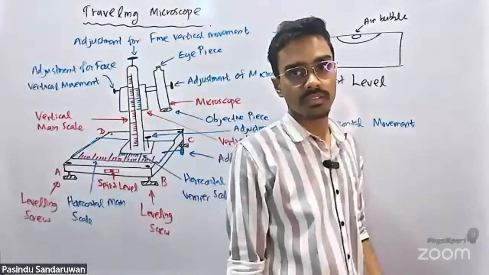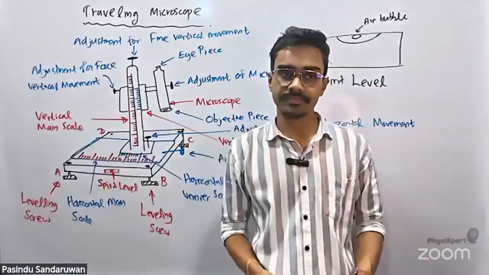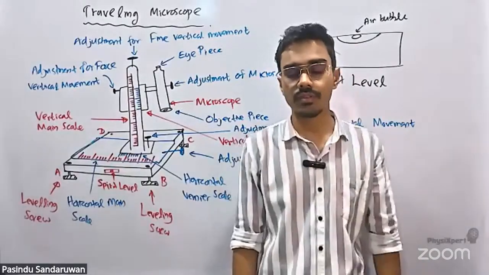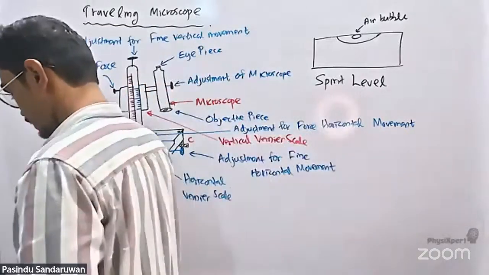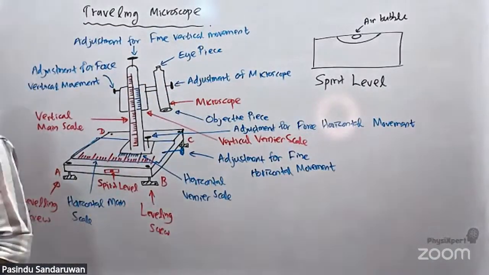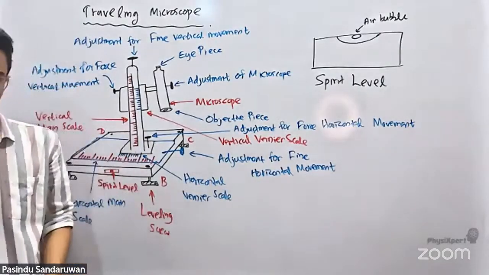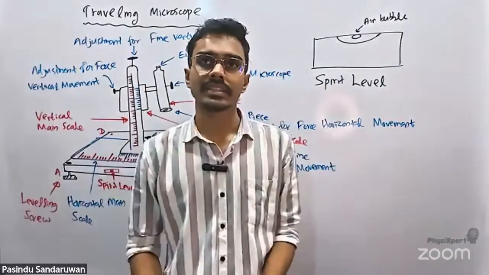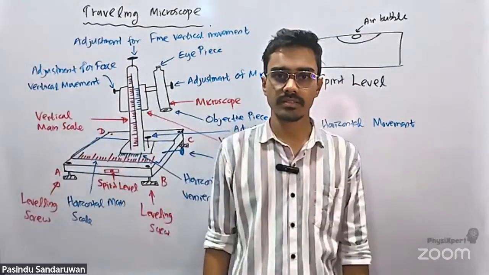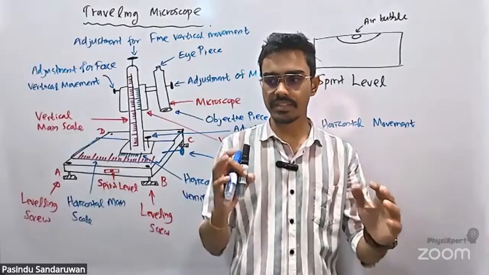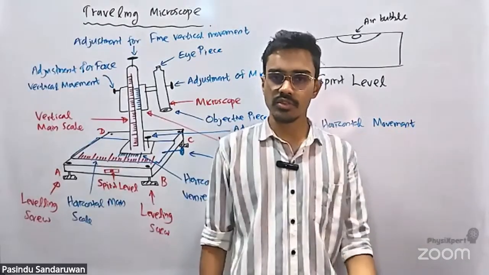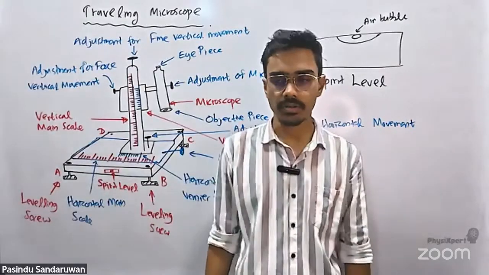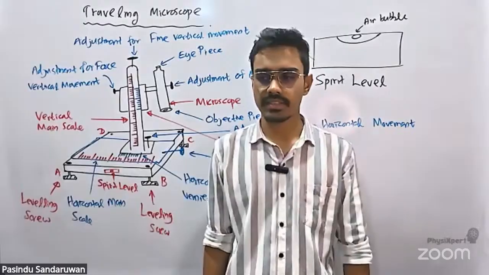When they build walls, they need to check the vertical level and horizontal level. Other than that, in camera tripods, when you place the camera to check whether it's exactly horizontal, usually spirit levels are inbuilt in cameras or camera tripods. So likewise, there are different occasions.